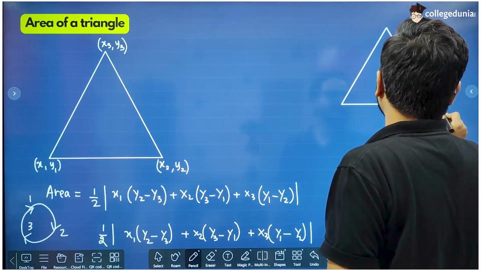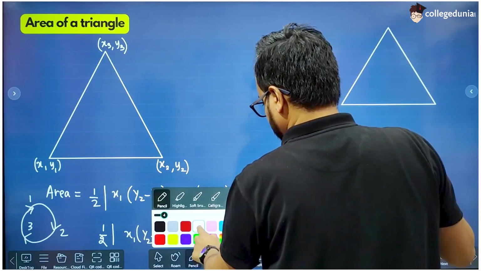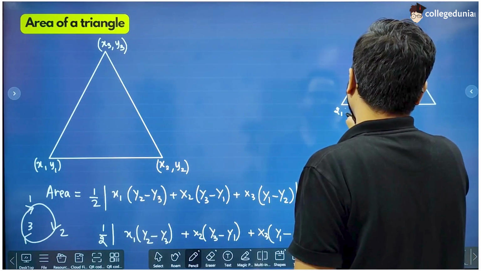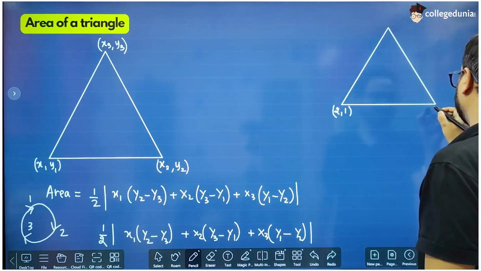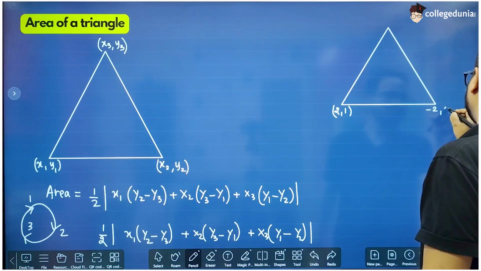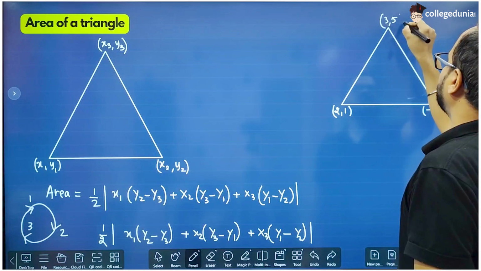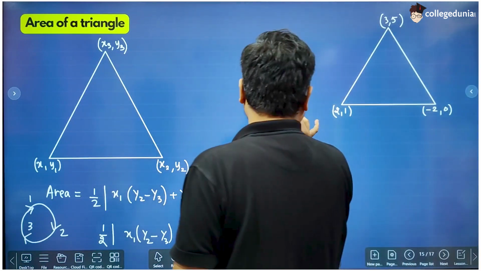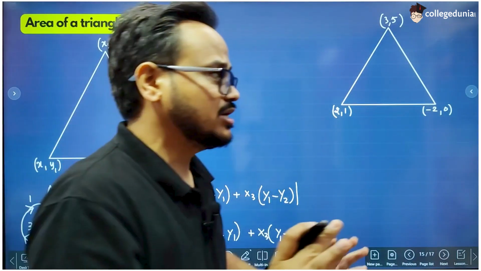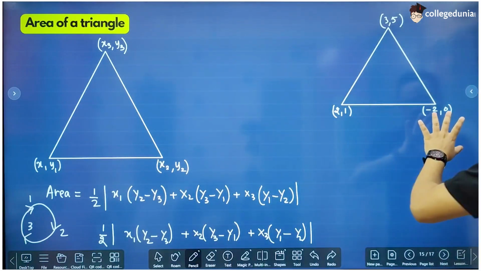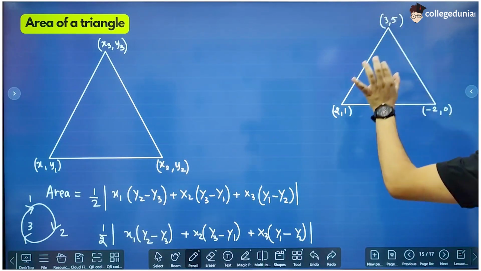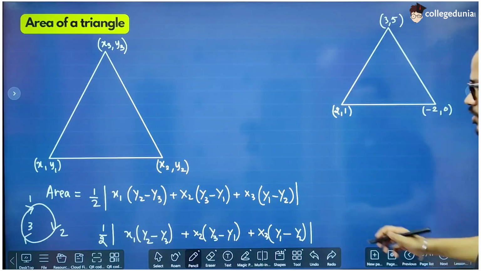Let us say we have this triangle whose vertices are (2, 1), (minus 2, 0), (3, 5), and we have to find the area of the triangle. Now take any one as x1, y1, any other as x2, y2, and the third as x3, y3. This is our x1, y1. Suppose this is x2, y2, this is x3, y3.